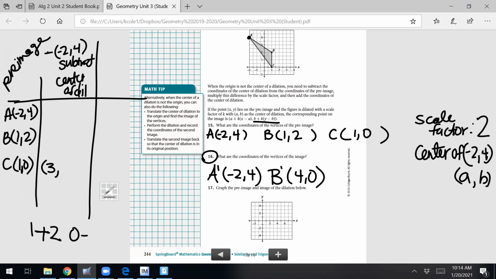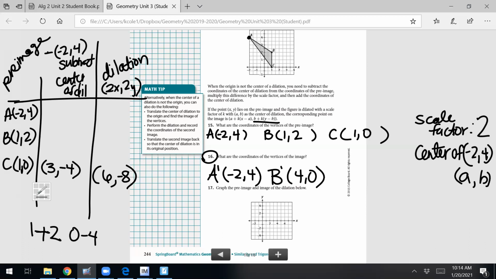So that's where it moved with the subtraction. Then after you do your subtraction, you do the dilation. Okay, what is our dilation this time? What's our scale factor? 2 times X, 2 times Y. What's 2 times 3? Okay, so that's going to be 6. What's 2 times -4? -8.